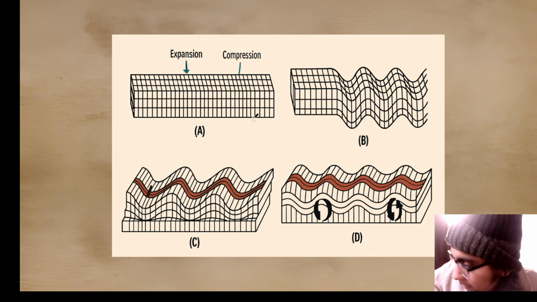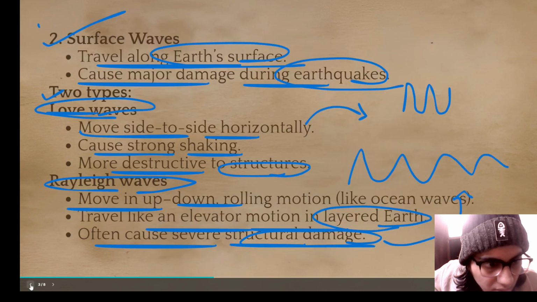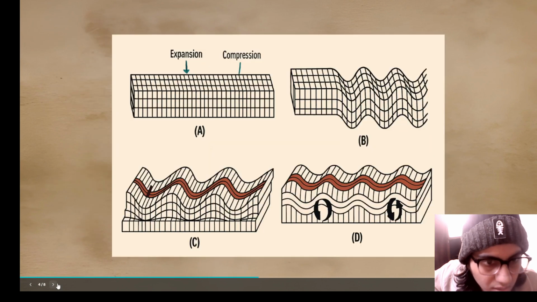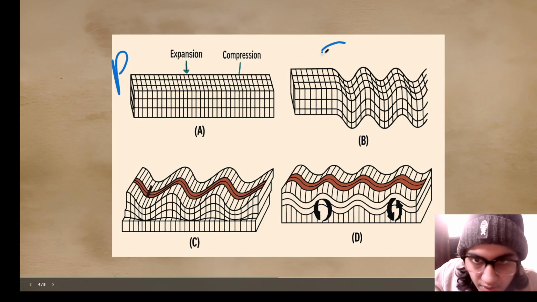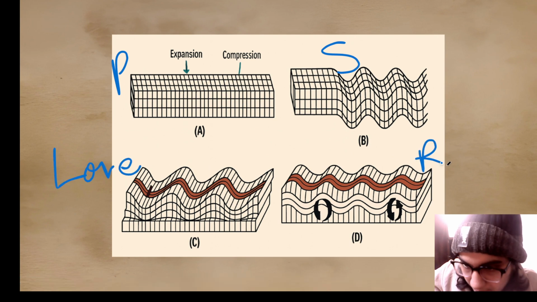Okay, the first one is, let me see. First one is P waves, this is S waves, this is love waves, this is Rayleigh waves.